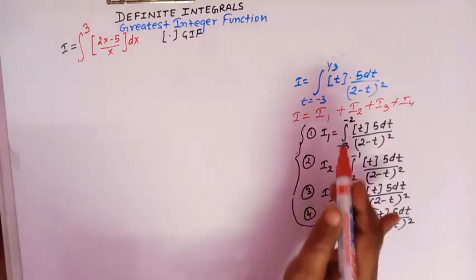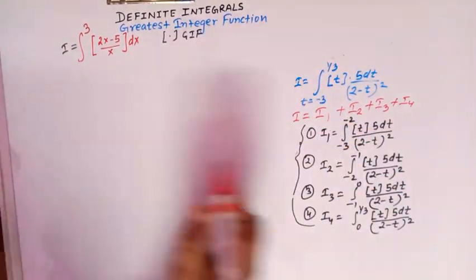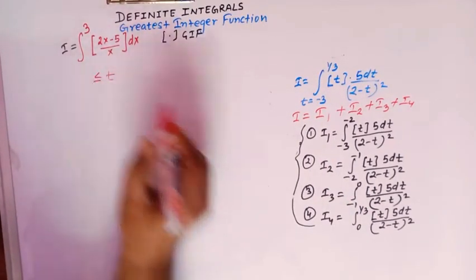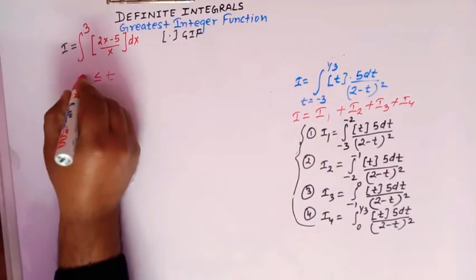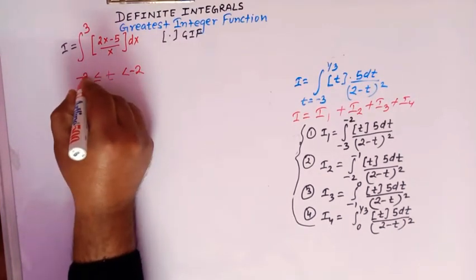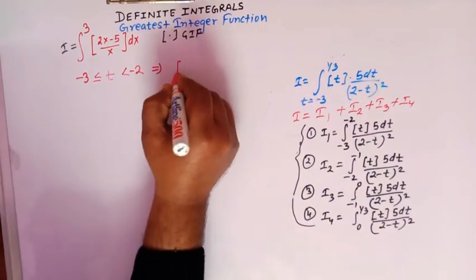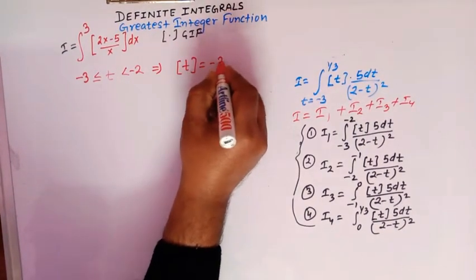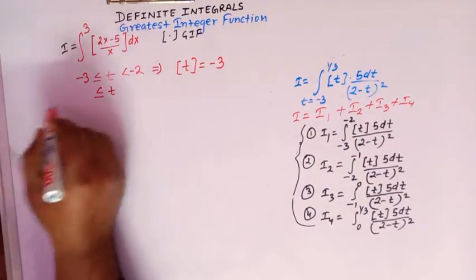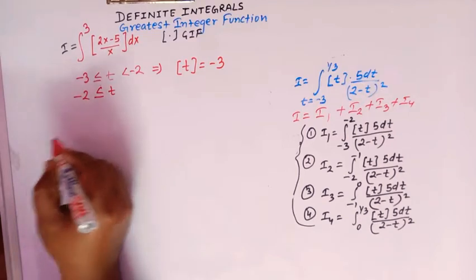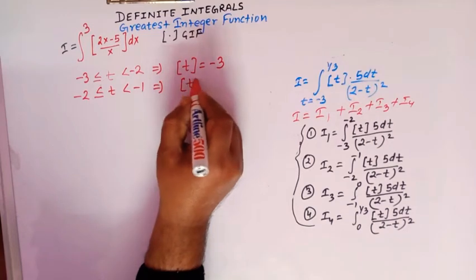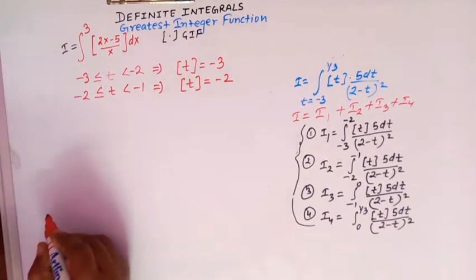So now viewers, let us make use of the definition of greatest integer t. When t lies between -3 and -2, the value of [t] is equal to -3. When t lies between -2 and -1, the value of [t] is equal to -2.